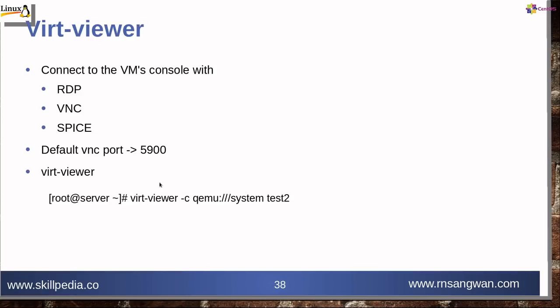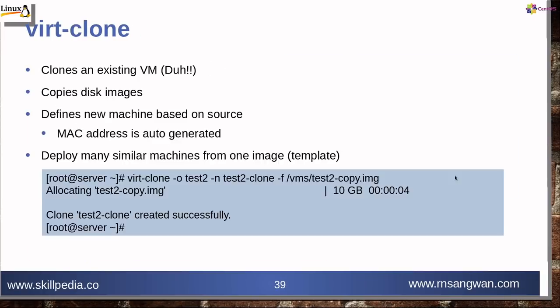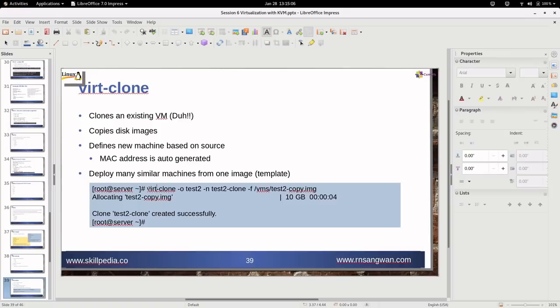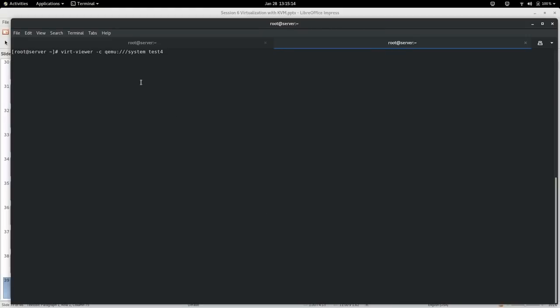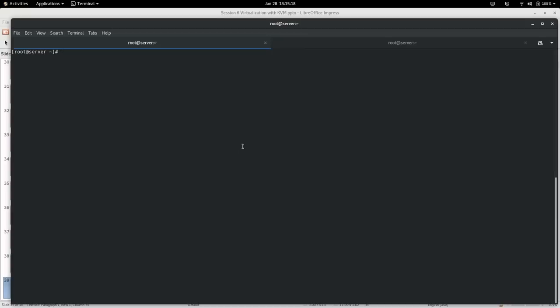Let's do this. In fact, let me show you, because I need to demonstrate this clone command also. Let's create the clone of test2. My test2 machine is down, and therefore it is okay, I will be able to create the clone of that machine. So paste will do the job.